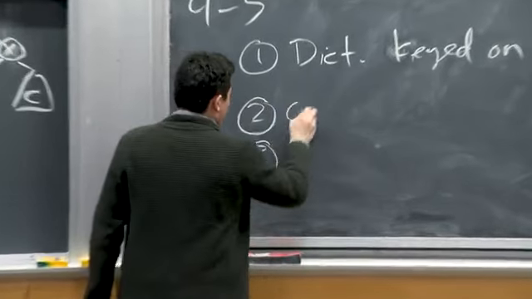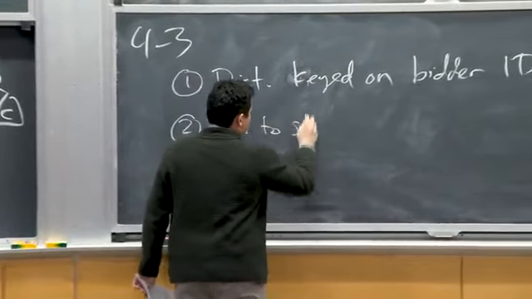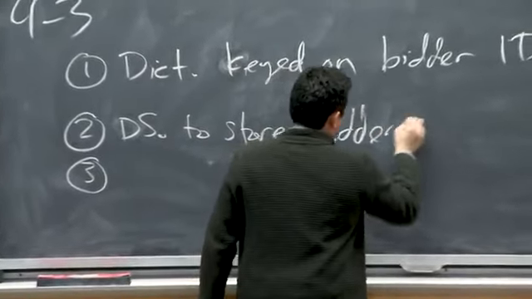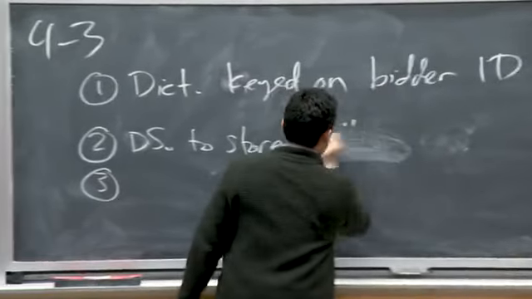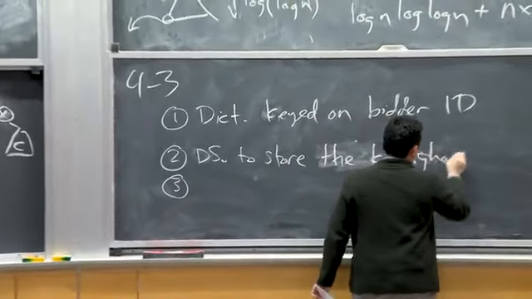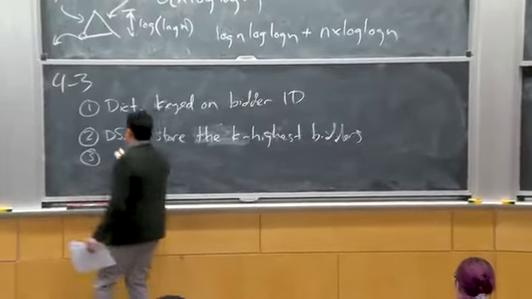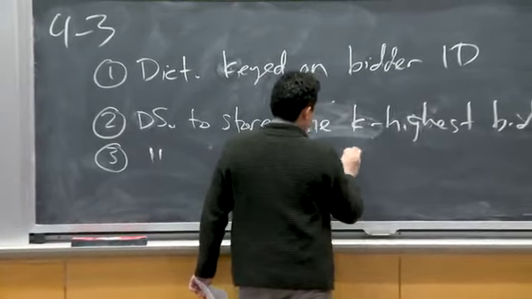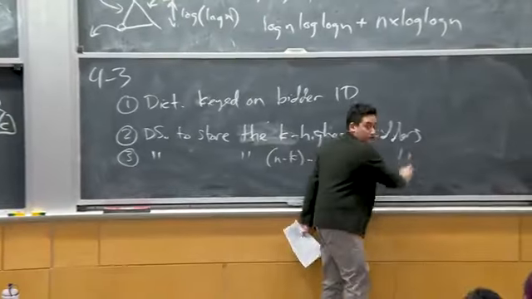One is a data structure to store the k highest bidders, and another data structure to store the n minus k highest bidders. Does that make sense?